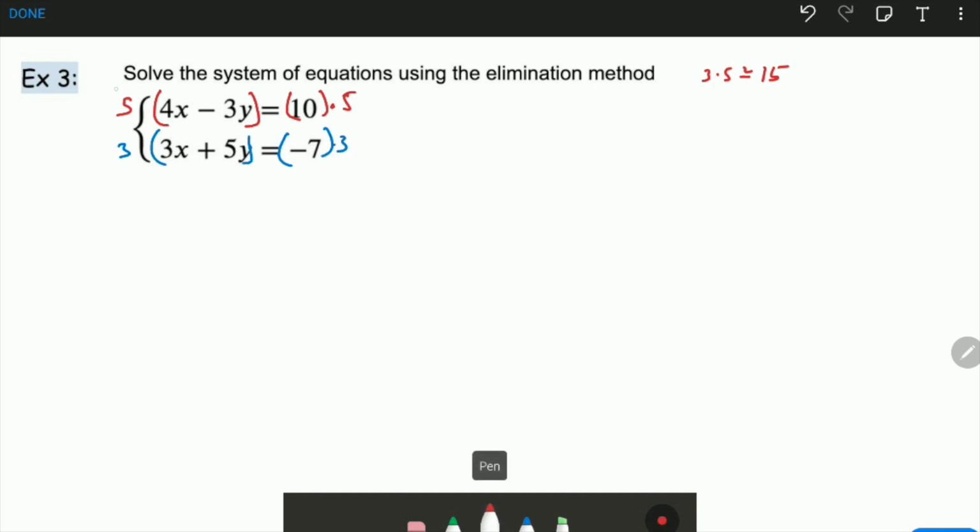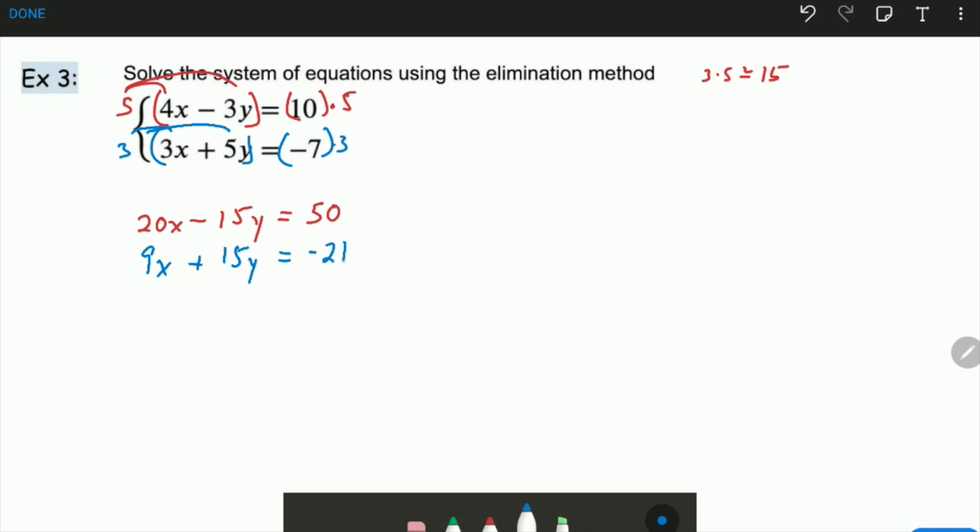If I multiply the first one by 5, I'm going to have 20x minus 15y equals 50. Multiplying the second one by 3, we're going to have 9x plus 15y equals -21.